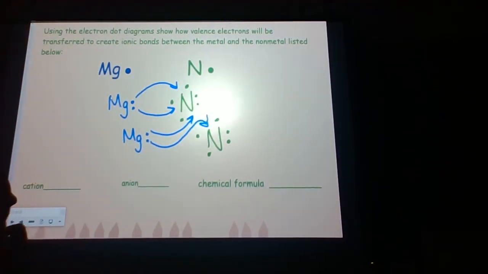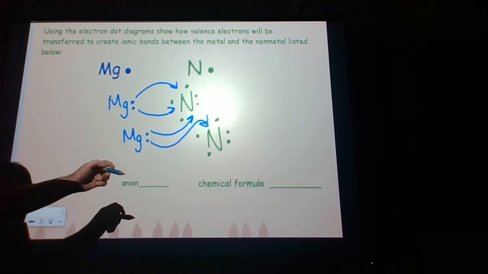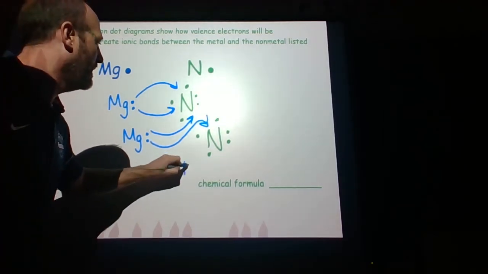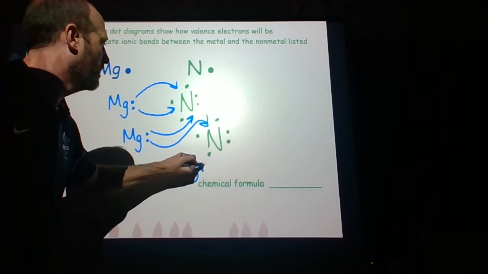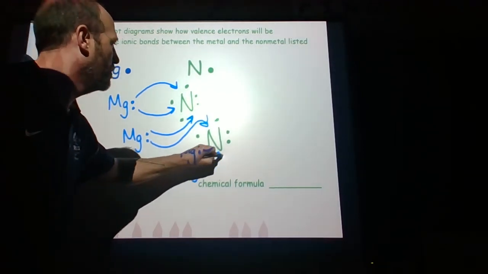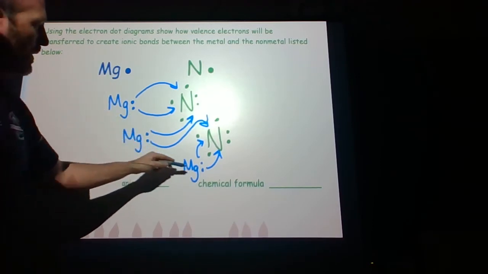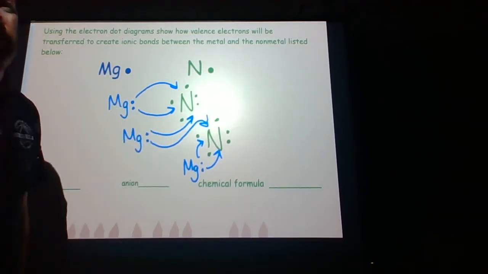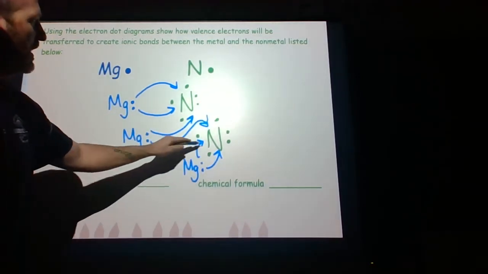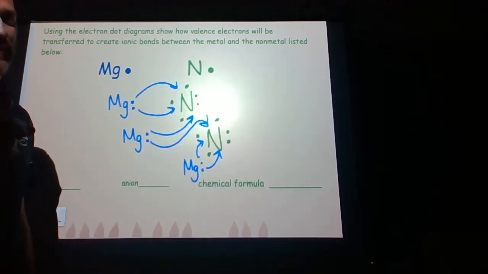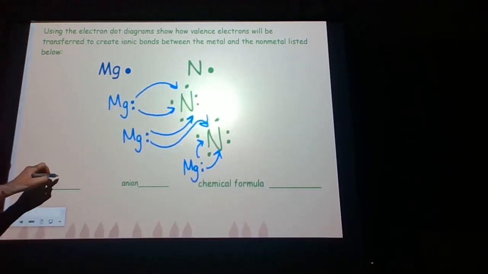And you go, wait a second. Oh, I see. We need another Mg. Zoom. Zoom. Now, did magnesium lose what it needs to? Yes, it did. Did nitrogen get all filled up? Yes, it did. So we go over here.